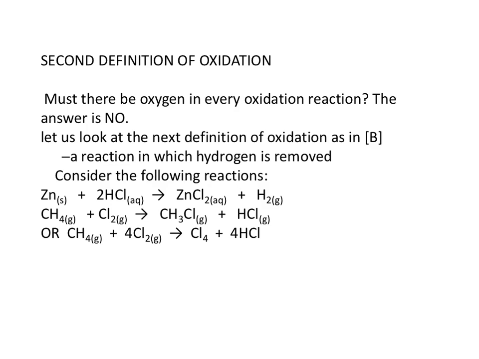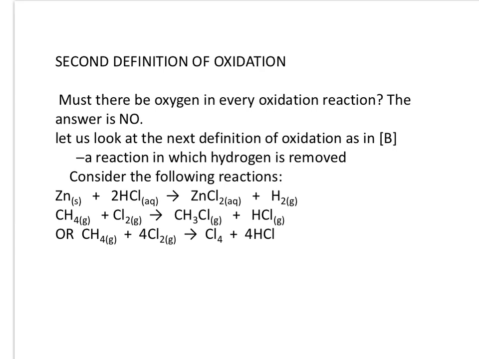CH4 plus Cl2 to give you CH3Cl plus HCl. CH4 was oxidized to CH3Cl because it lost one of its hydrogen, having just 3 here. Or CH4 plus 4Cl2 to give you CCl4 plus 4HCl. In this case, it lost 3 of its hydrogen to just have 1 left.